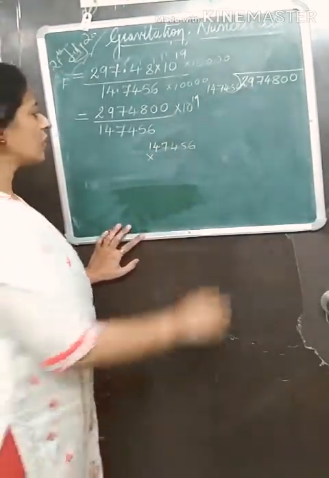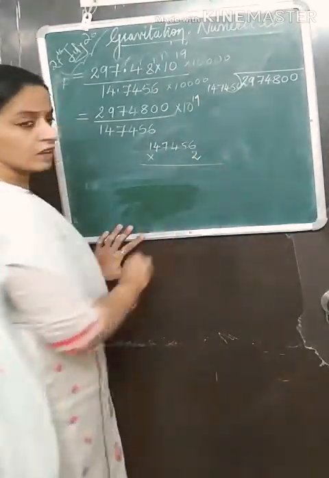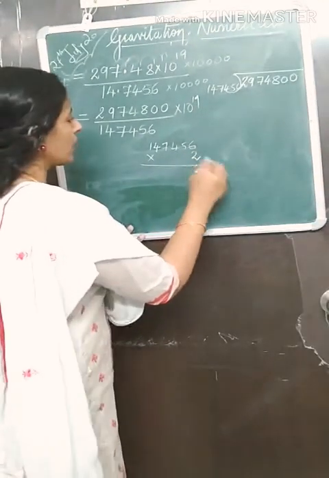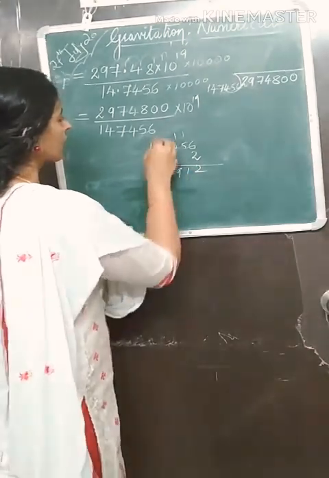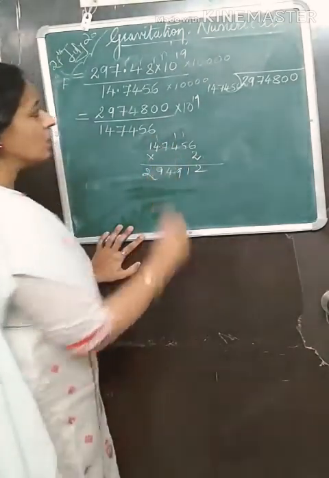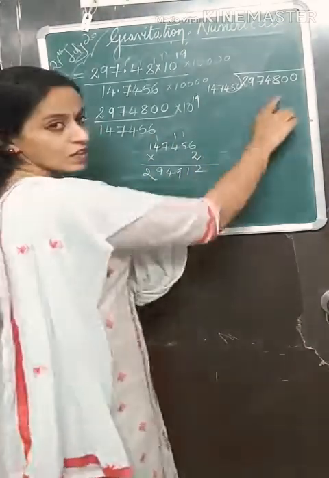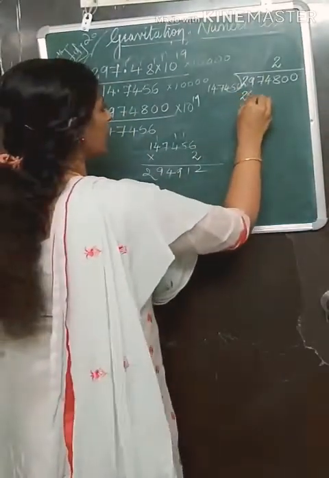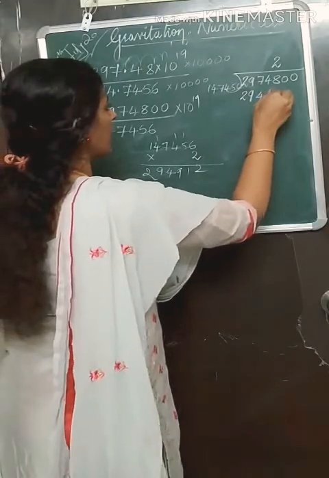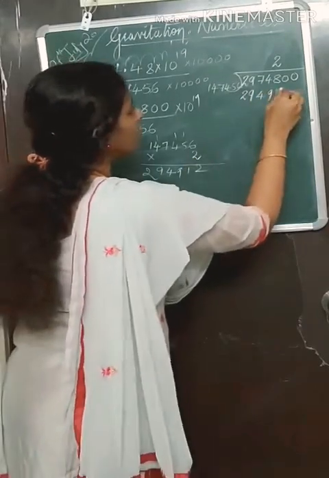Okay. So let us try 2s. 6 2s are 12, carry 1, 10, 11, carry 1, 8, 9, 7 2s are 14, carry 1, 4 2s are 8, 9, and 2 1s are 2. Somewhat close. So we can take 2s are 2, 9, 4, 9, 1, 2.